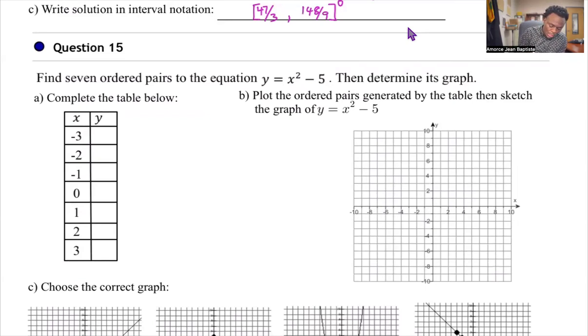So the values, since we have x equals -3, so y will be -3 squared minus 5, which is 9 minus 5 equals 4. So we got 4 here.